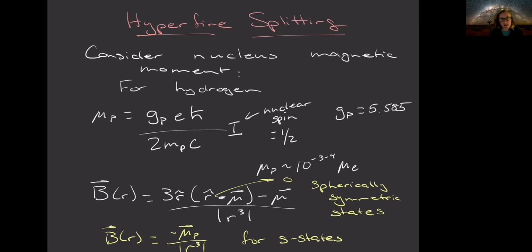That's the ground state of the hydrogen atom, and it induces a magnetic field, which is related to the magnetic moment of the proton over r cubed.